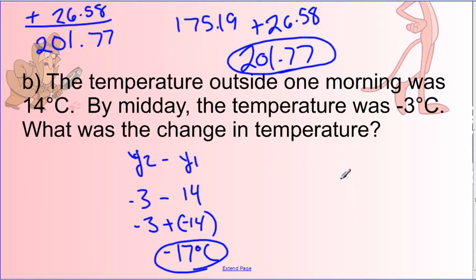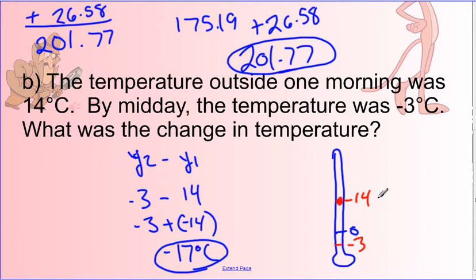Again, let's see if that makes sense. That is a sweet thermometer. All right, here's 0 degrees. The temperature outside in the morning was up here someplace at 14. By midday, it was down here at negative 3.